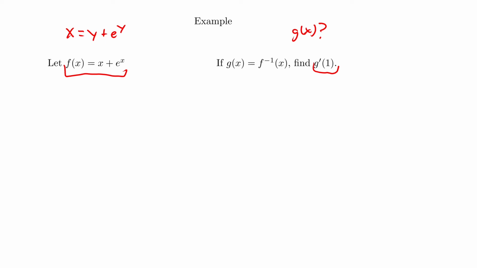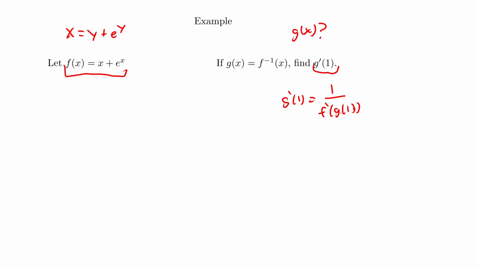But we can actually figure out what g of 1 is. So to find g prime of 1, that's going to be 1 over f prime of g of 1. So how can we find g of 1 without necessarily using a formula here?